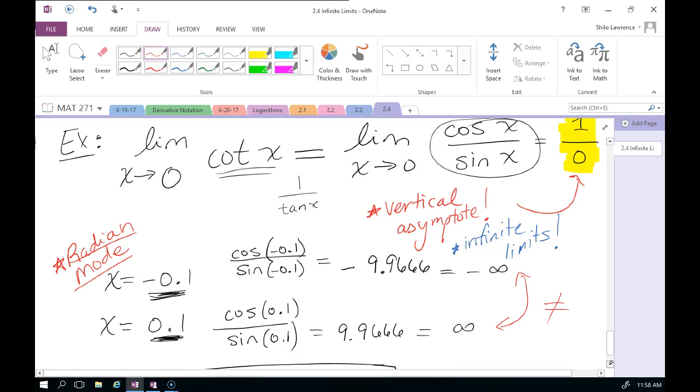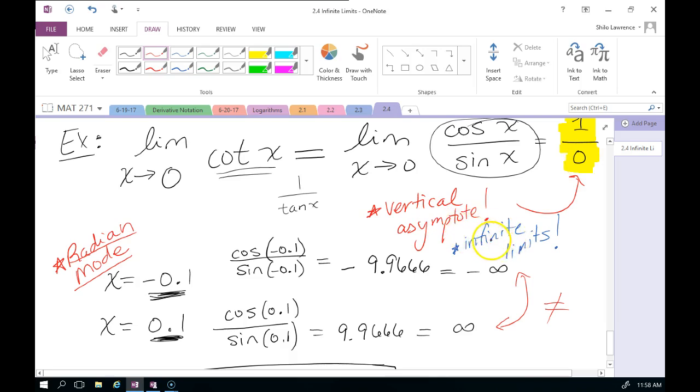And then based on the result you get from that, sometimes direct substitution will give you your answer, and then fabulous, you're done, you circle it, you move on. Sometimes it's going to give you 0 over 0, and that tells you you need to fix it algebraically. And then sometimes it's going to give you some other number over 0. That tells us it's a vertical asymptote and we're going to have infinite limits.